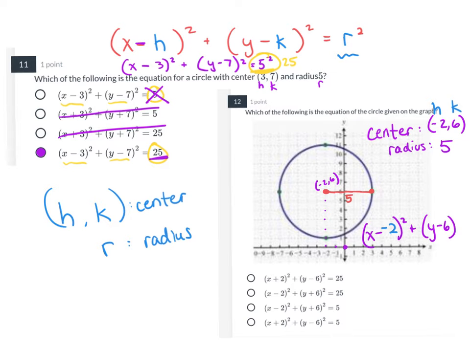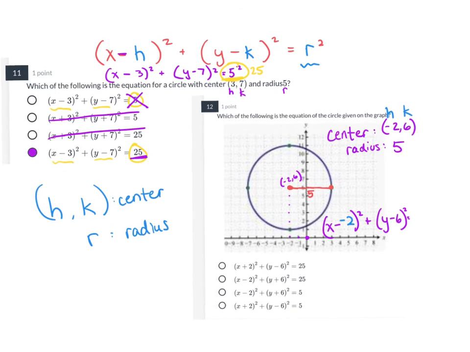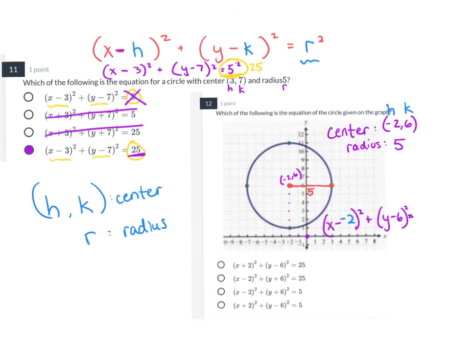So Y minus 6 squared equals the radius squared. So it's another 5. And the radius is not always 5, okay? Just a coincidence. So that does say 5 squared.